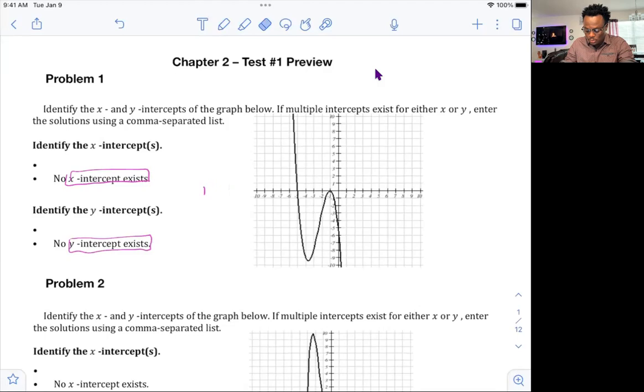So that means if it's an x-intercept, that means y equals 0, and then you will find a value that is exactly on the x-axis.